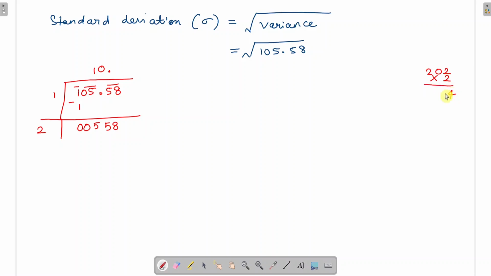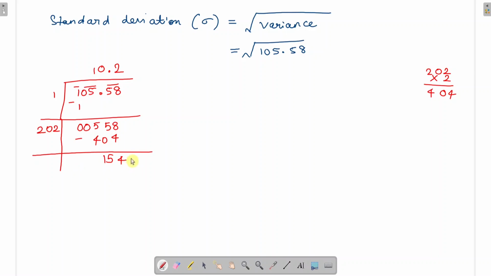Okay, so 404, so 2 you will get, right, 202 times 2, that is nothing but 404. Okay, so 8 minus 4 is 4, 5 minus 0 is 5, and 1, right.